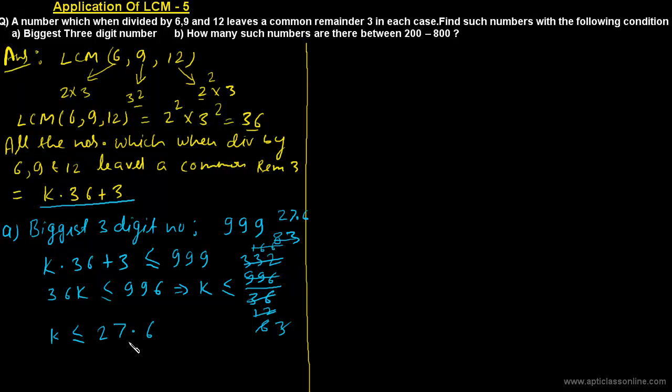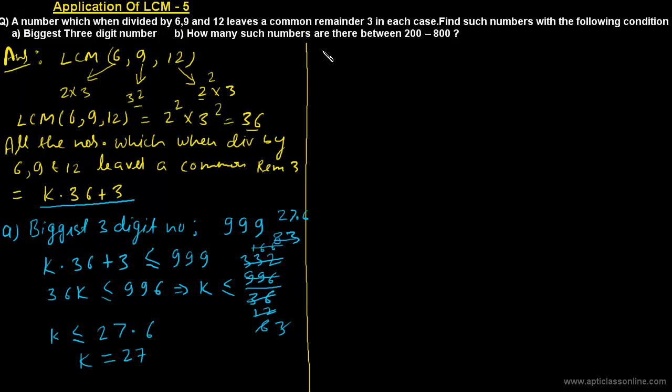We do not have to worry about the digits after the decimal, because we are trying to find an integer k which is less than or equal to this. So since it is 27.6, the integer k is equal to 27.